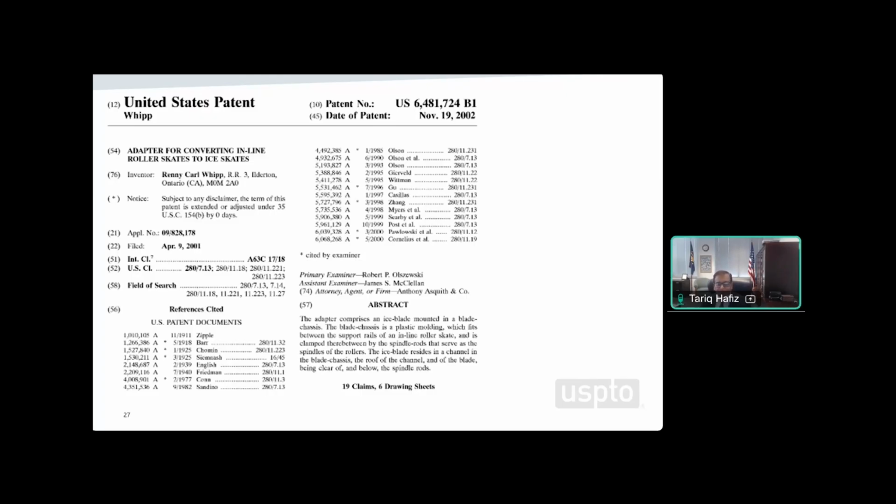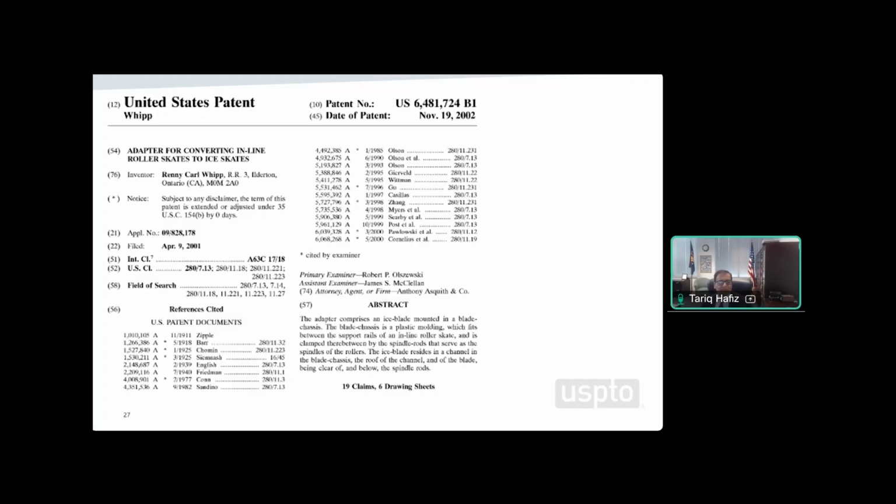Another thing that's important is that on every patent, you'll see the name of the patent examiner. You have a primary examiner and an assistant examiner. When you have two of these, the assistant examiner has actually examined the application, and the primary examiner is the one who approved it. We call that signatory authority: primary examiners go through a rigorous procedure to earn the right to sign a patent application to issue into a patent.